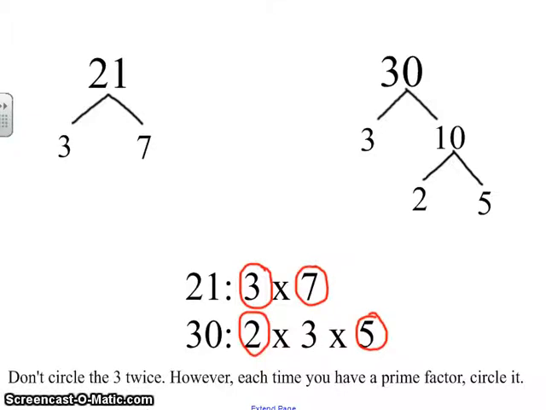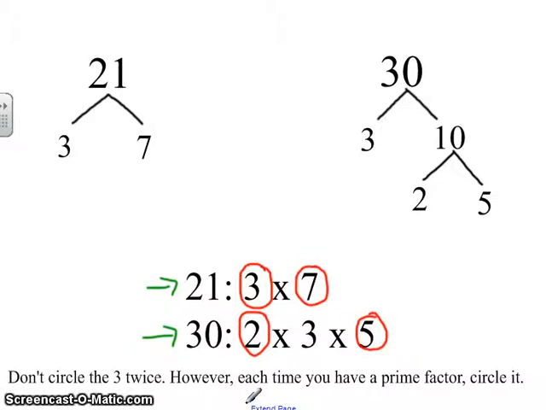What I've done is found the prime factorizations of 21 and 30. I used factor trees to do that. Once I have their prime factorizations, all I need to do is circle the number of factors that show up in each list.